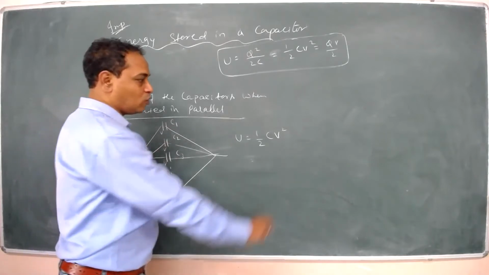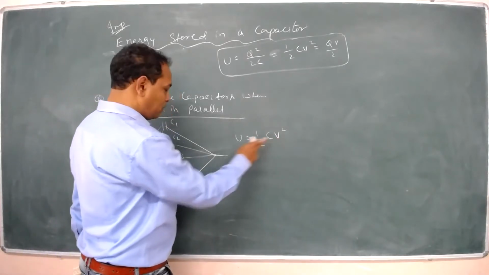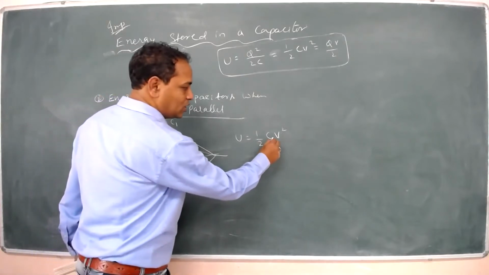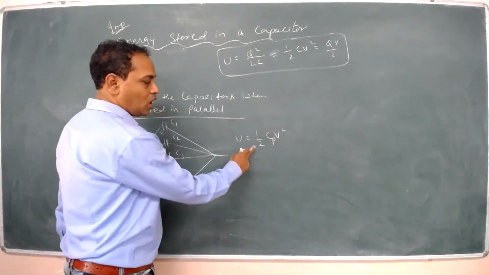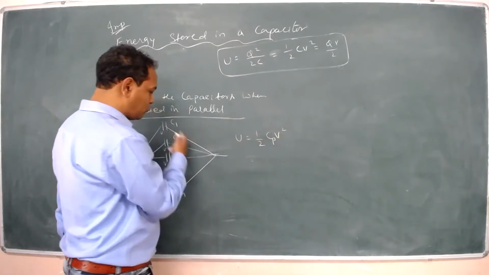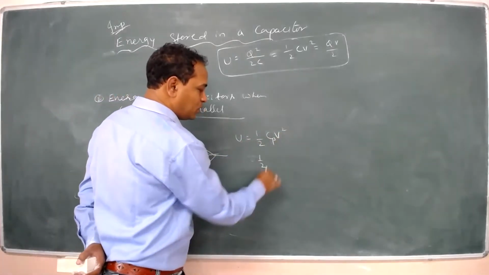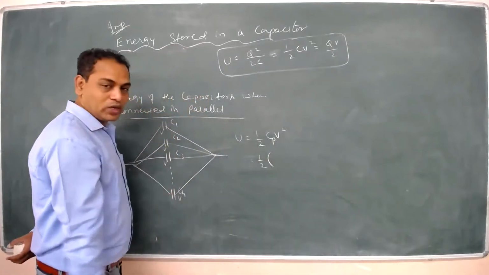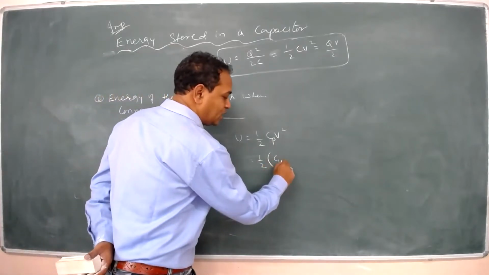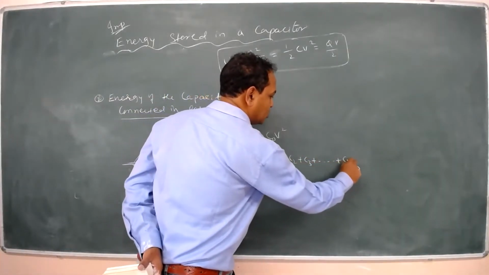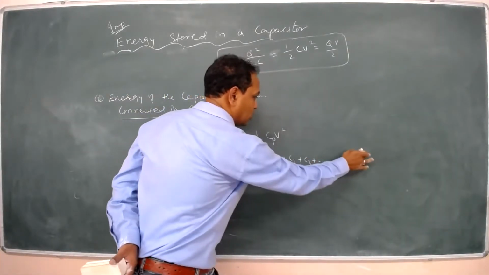So here the potential will be same, but the capacitance, I will call it Cp, half Cp into V square. V is common for all. What is Cp? In parallel, we can write direct adding, C1 plus C2 plus C3 plus and so on plus Cn, into V square.